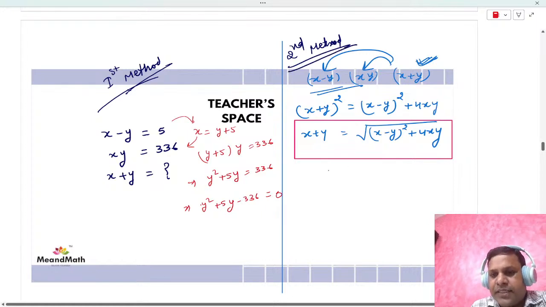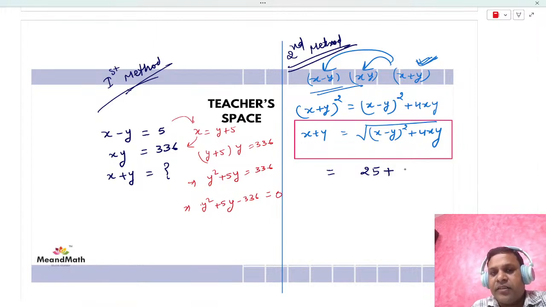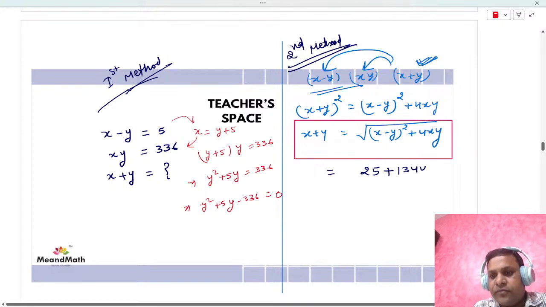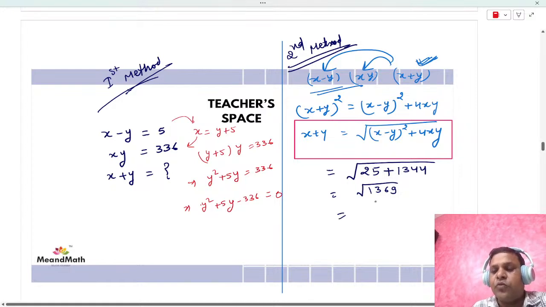Okay. So x minus y square is 25 plus 4 into 336. 4 into 336 is 1344. This is 1369, and root 1369 is 37. So x plus y is equal to 37.